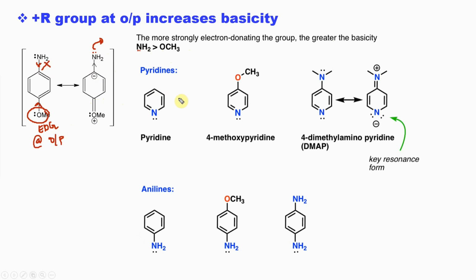Okay. Now we know these. We saw pyridine earlier. I am just reintroducing this. So this is pyridine. Now what if I have OCH3? This will give electron here. This will give electron here. Okay. So electron density on this nitrogen is extremely high. And this nitrogen will take the extra electron, minus.